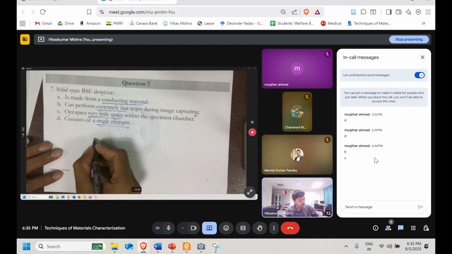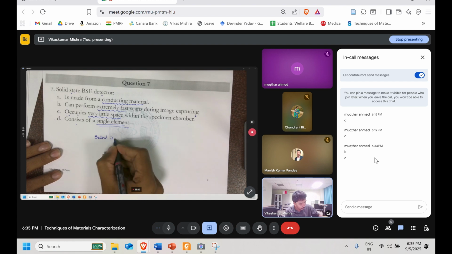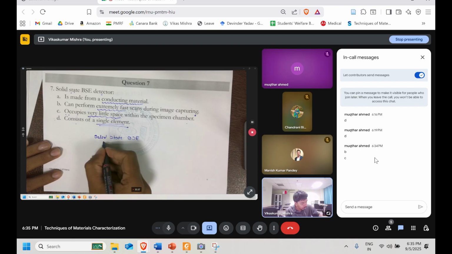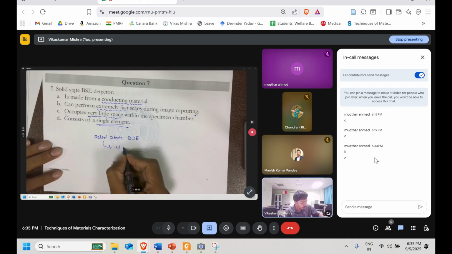In the class we saw that the solid state BSE detector has a total of 4 elements.